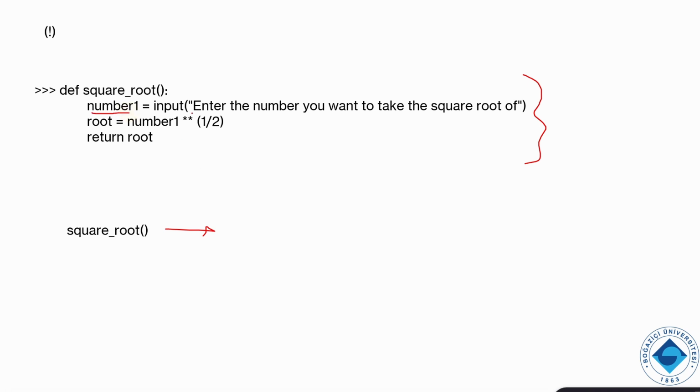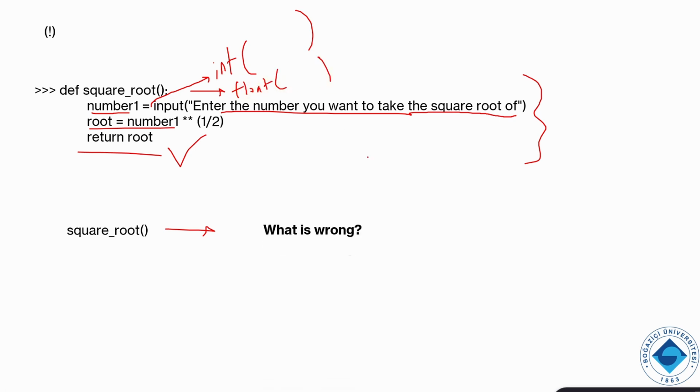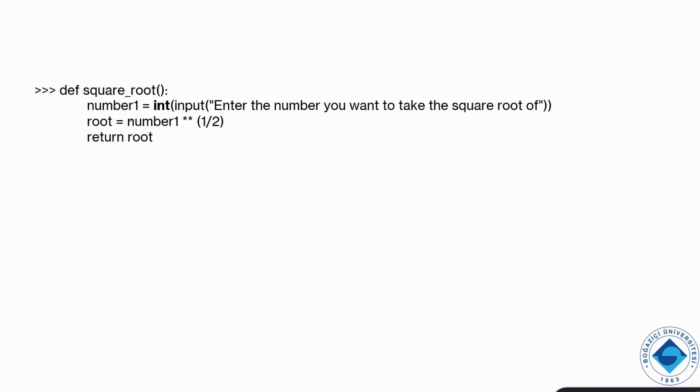Okay, enter your number, whatever you want to find square root of, and then it will calculate and it will return. But if you pay attention, you will see the error here, right? You need to write here either integer translation or float, like that one.